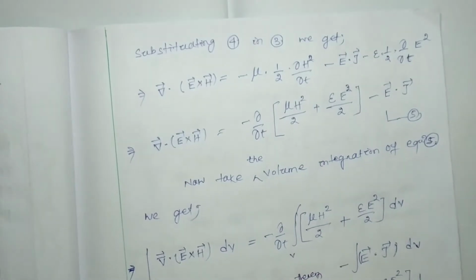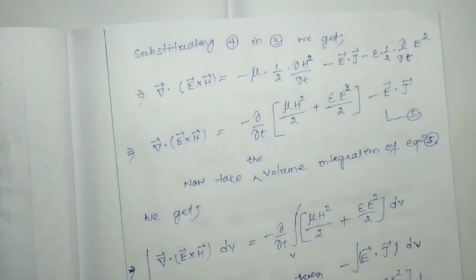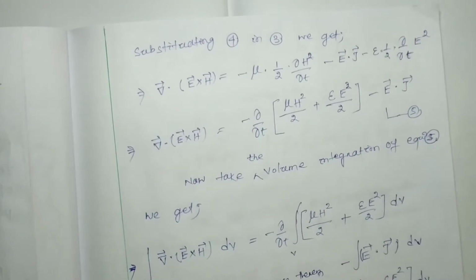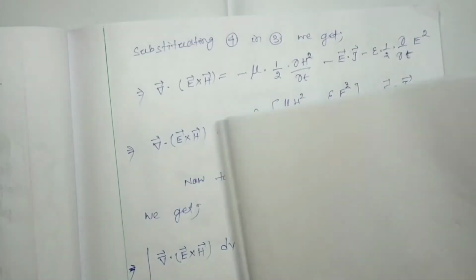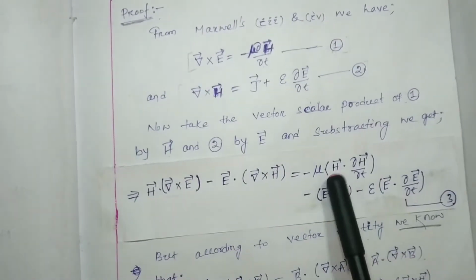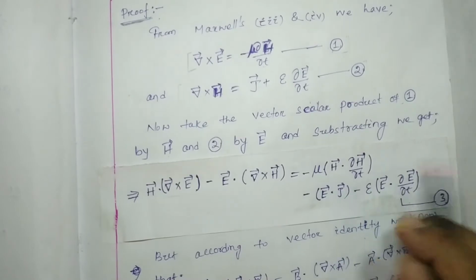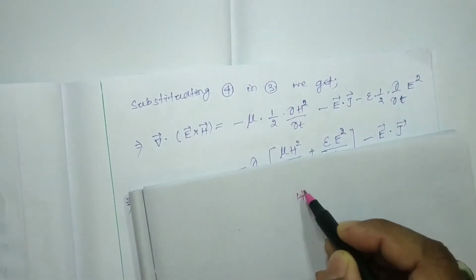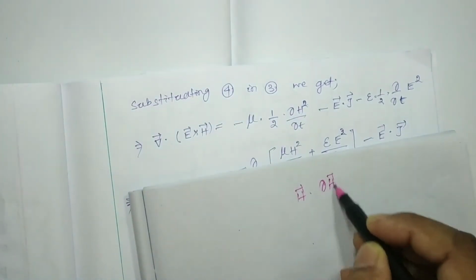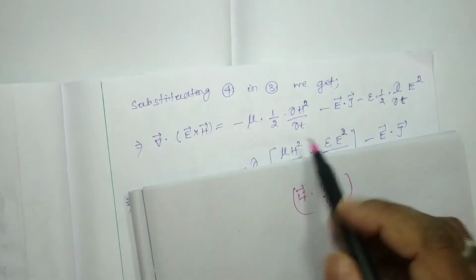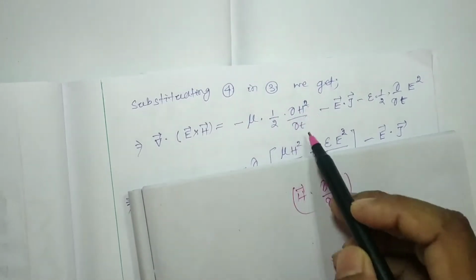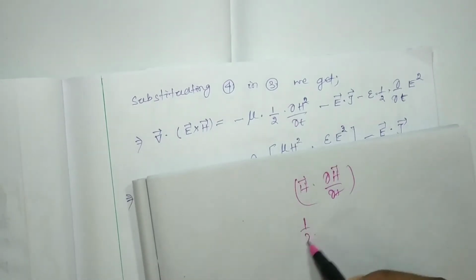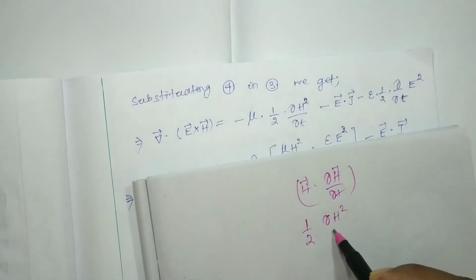How did it come? Previously it was H dot del H by del t. So instead of H dot del H by del t, we write half del H square by del t.